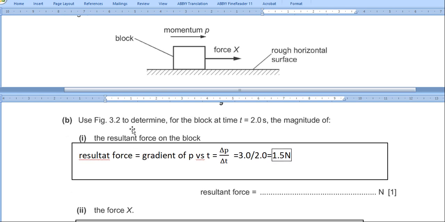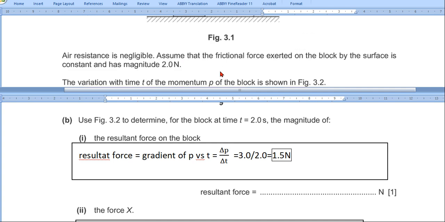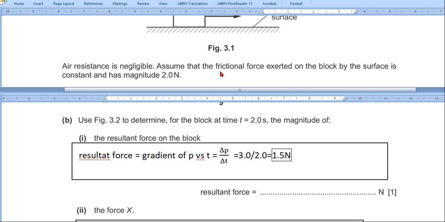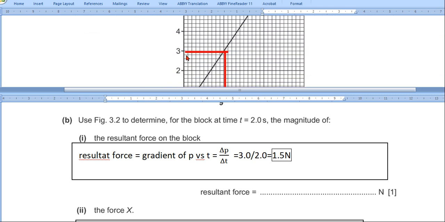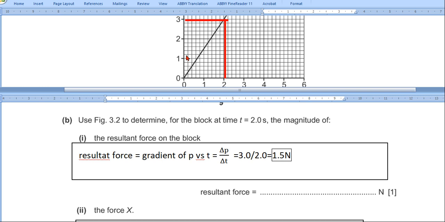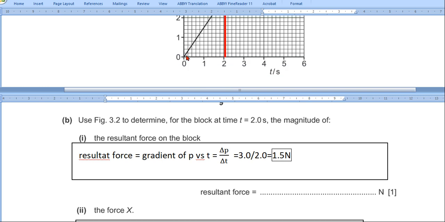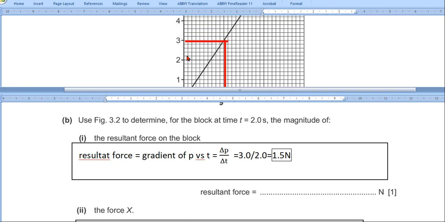Use figure 3.2 to determine the magnitude of the resultant force on the block. So figure 3.2 is this figure, and change in momentum over time taken is the gradient of this graph.